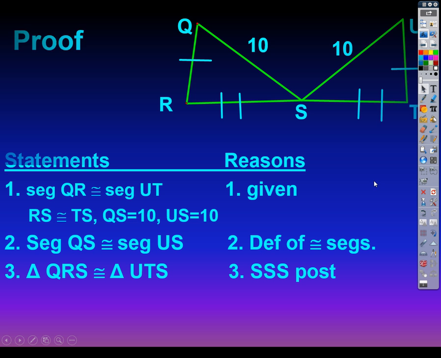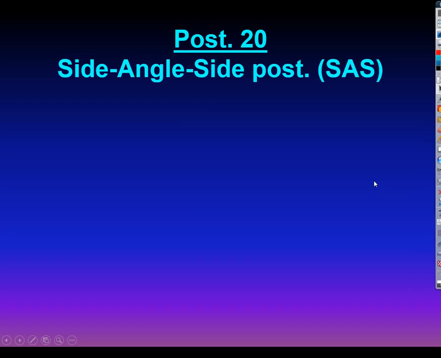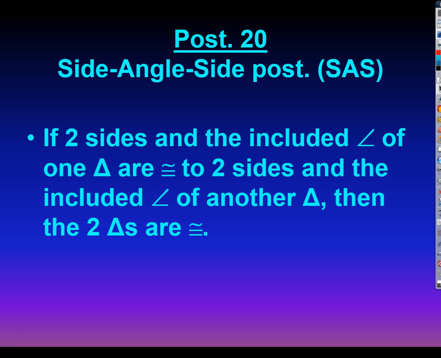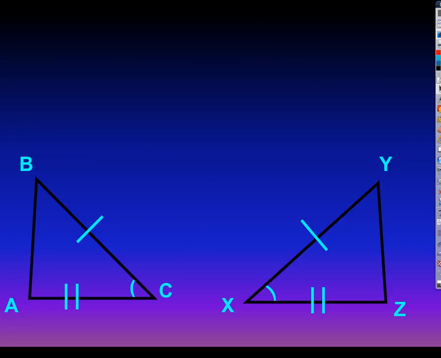Okay. Here's another one. Here's another postulate, or another relationship. We had side, side, side. Now we're going to add side, angle, side. But you've got to be careful with this because the order is important. This doesn't just mean 2 sides and an angle. It means 2 sides and the included angle of one triangle are congruent to 2 sides and the included angle of another triangle. So for example, this would work here, right?